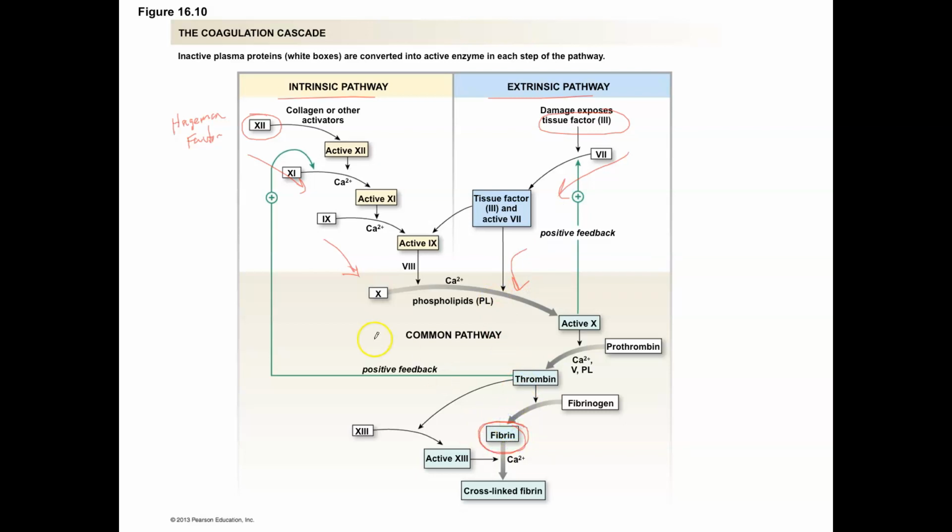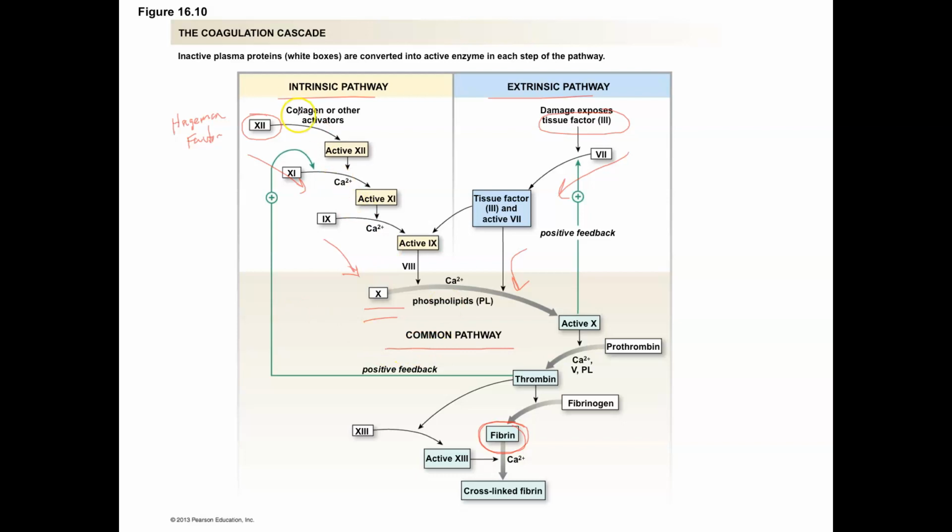So whether you take the intrinsic pathway or the extrinsic pathway in coagulation, both pathways lead you to the production of fibrin. Notice that both pathways, intrinsic or extrinsic, lead you to factor 10. So clotting factor 10, also known as the Stewart-Prower factor, is part of what we call the common pathway.